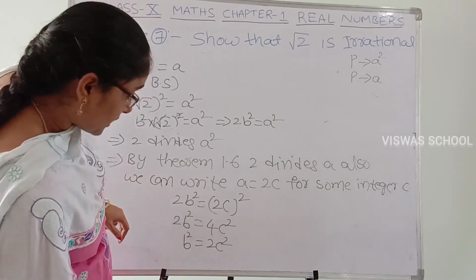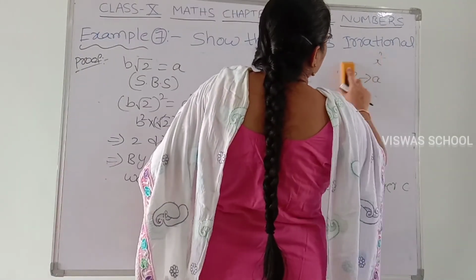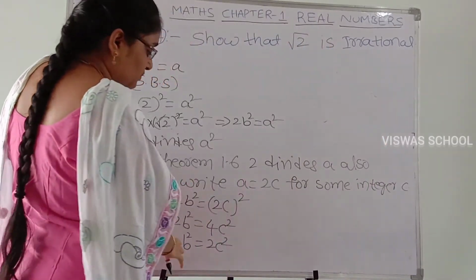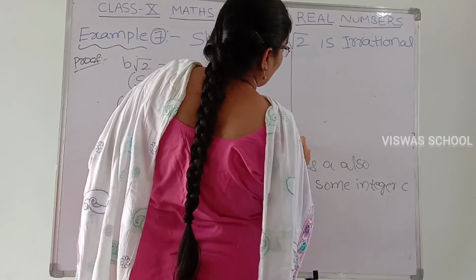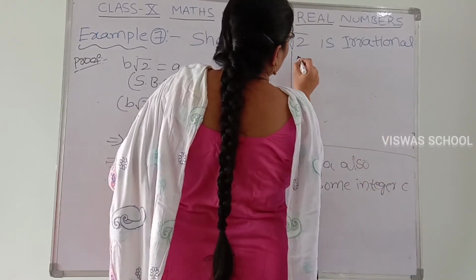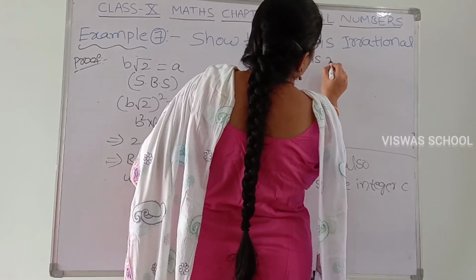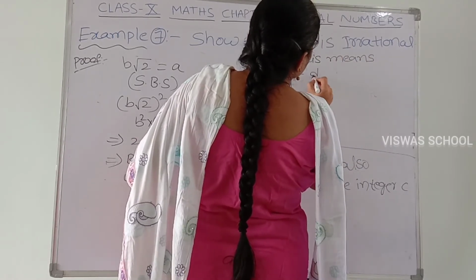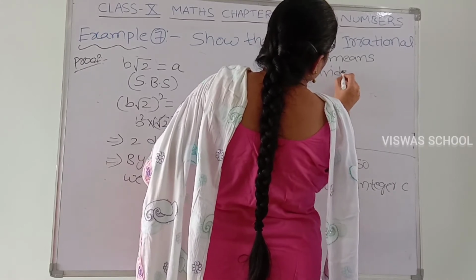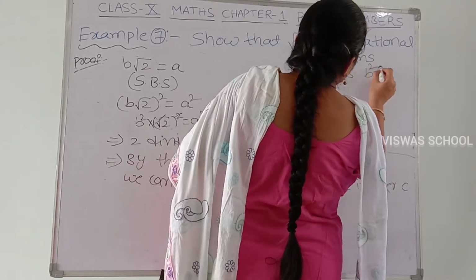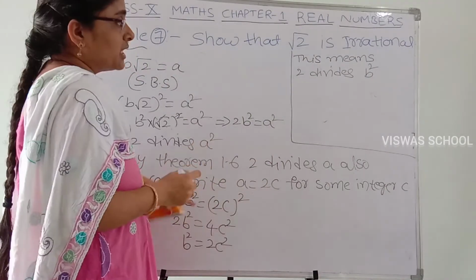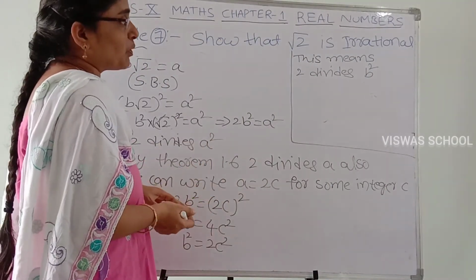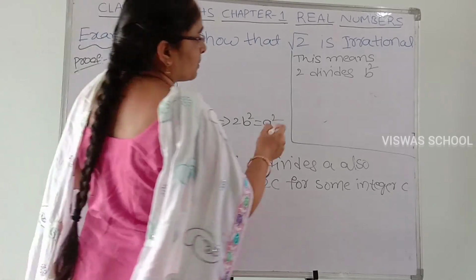B square equals 2C square means 2 divides what? 2 divides B square. If 2 divides B square, already we know that by theorem 1.6, 2 divides B also.